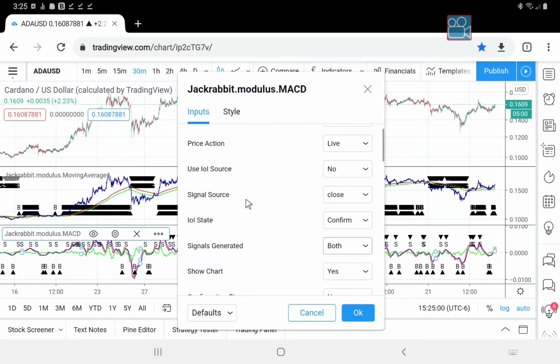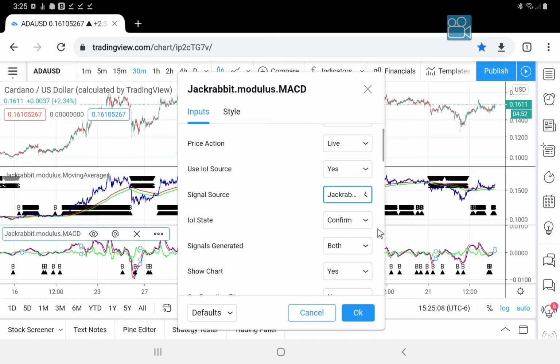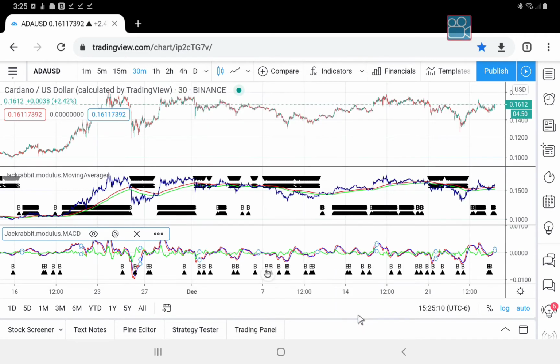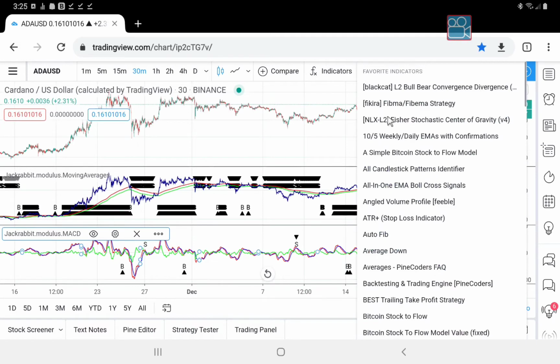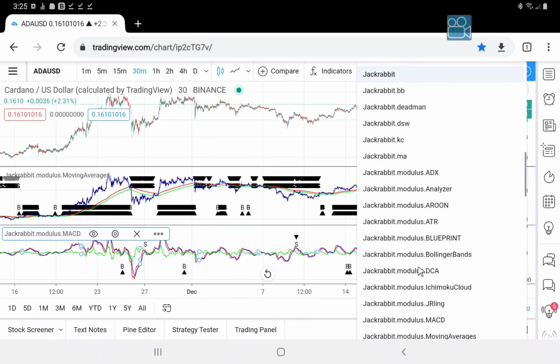So now let's link the two modules together. Very simple, very easy, very straightforward process. We have a very nice looking little combination. Now let's finish it off with dollar cost averaging.